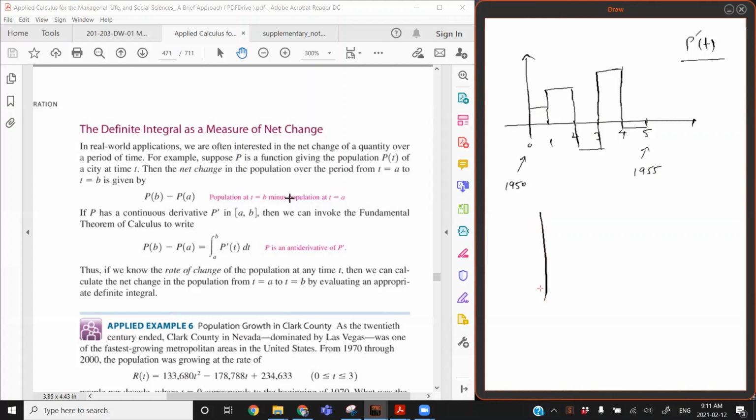You can create something for the whole world like that. And as you make the time intervals finer and finer, the whole graph is going to be smooth. If you're looking for the net change in the population, you would only need to find the net area.